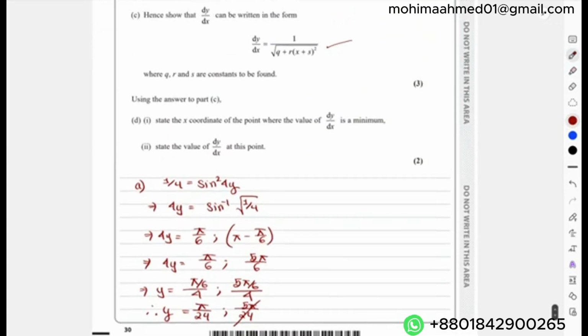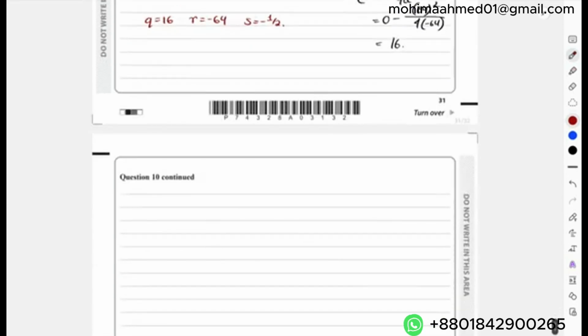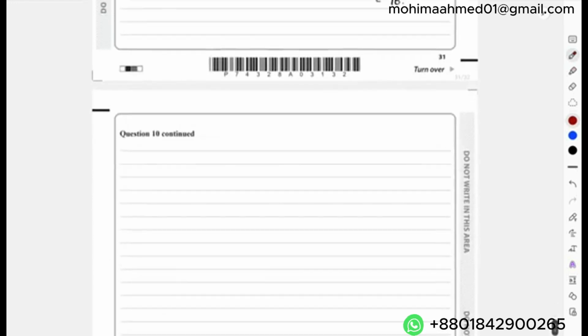For part D, we need to find the value of x of the point where the dy by dx is minimum. That means basically this entire denominator should be considered as equals to 0. So we have, for D1, the value of x for which this one is entirely 0, right? So for the value of x, you get what?